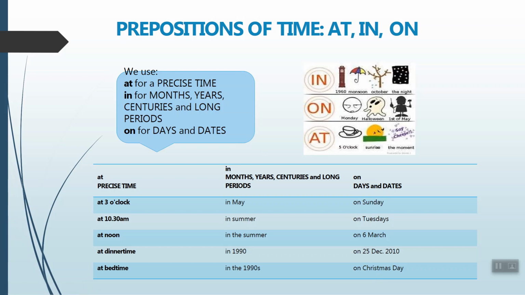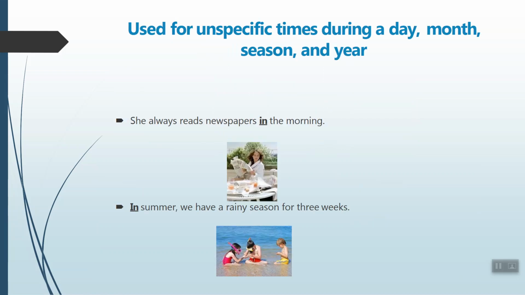You see, we use on with them. We will explain one by one: in, on, and at. In is used for unspecific times during a day, month, season, and year.